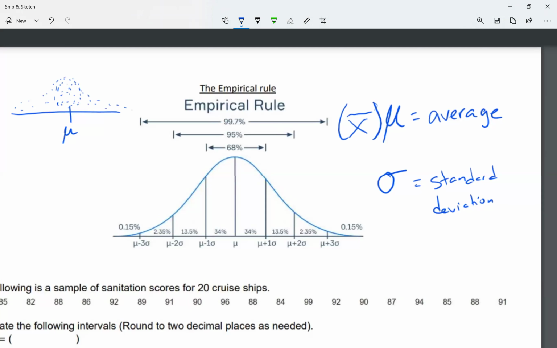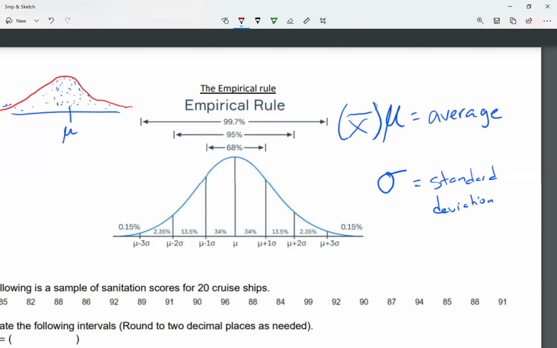And then we come in and say, oh, it looks like a bell shape. Give or take, it looks like a bell shape, and that's what we call a normal distribution.